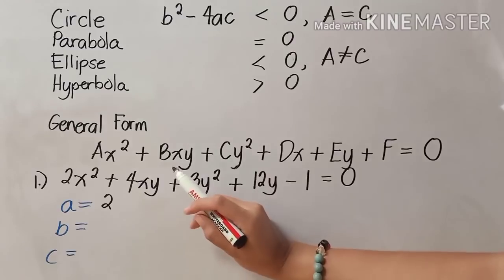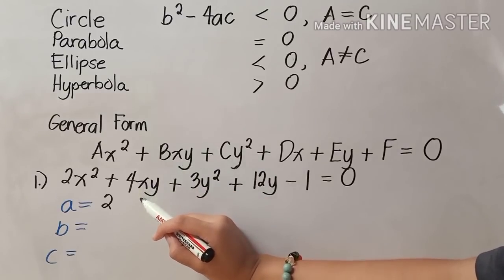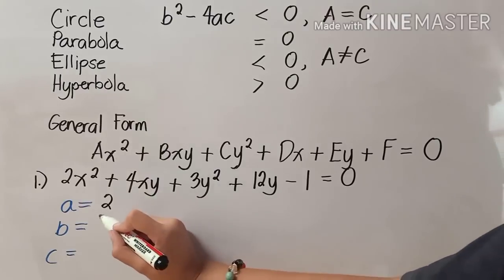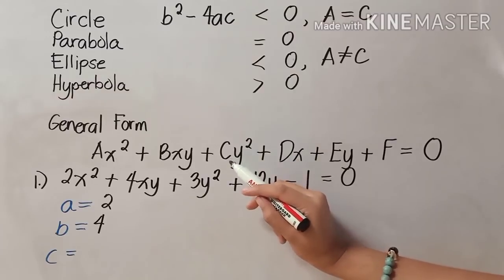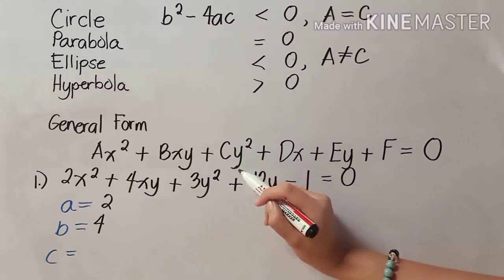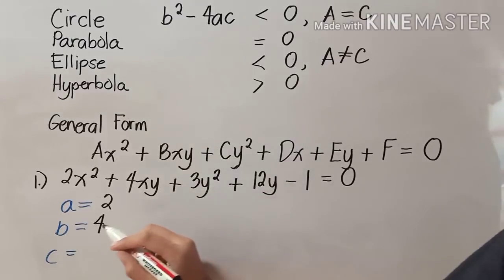Next is b. b is beside xy, and in our given, xy is beside 4, therefore our b is 4. Lastly is c. It should be beside y squared, and in our given, 3 is beside y squared, therefore our c is 3.